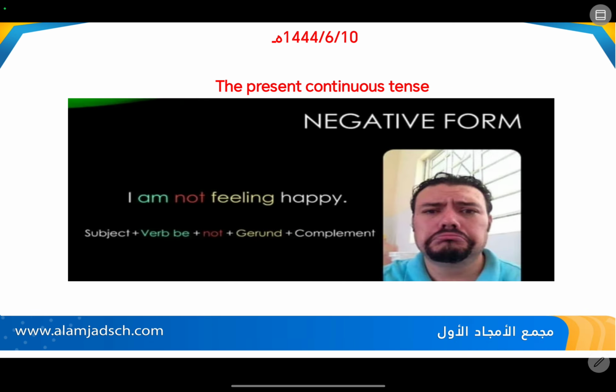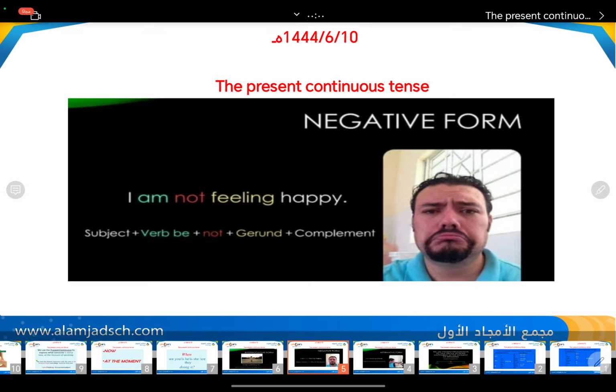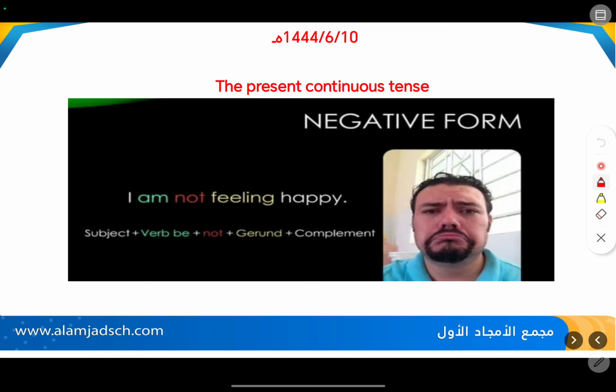We have the present continuous tense here in negative form. Let's have an example. As you can see, I have started with the subject pronoun, I. After that, I added verb to be, am, as I told you, am with I. But here you have to add not in order to make the sentence negative.